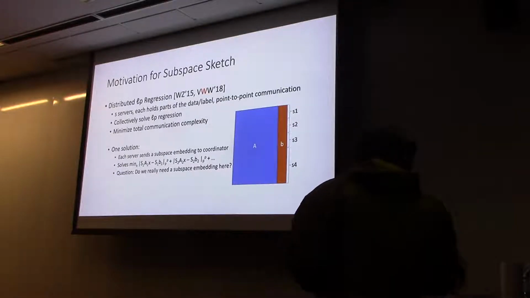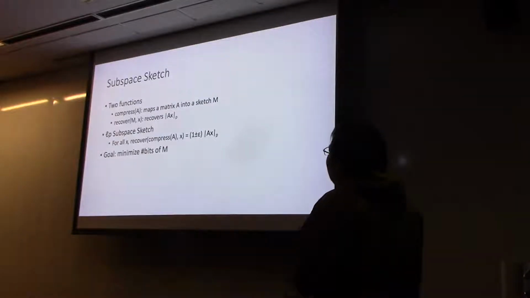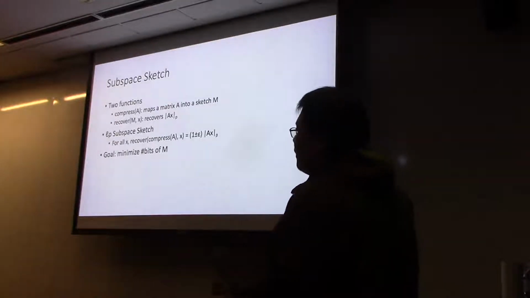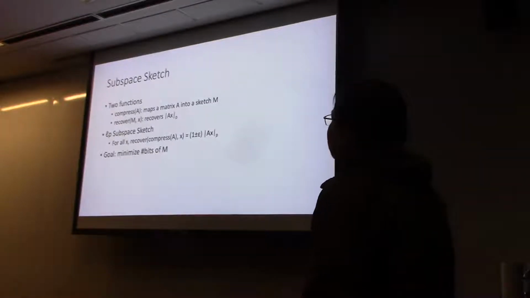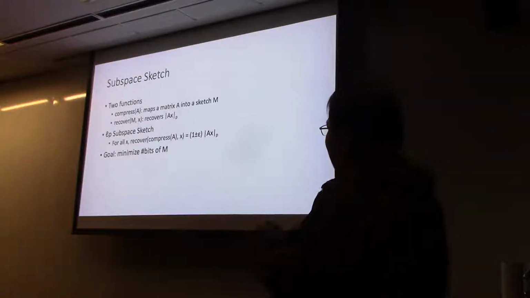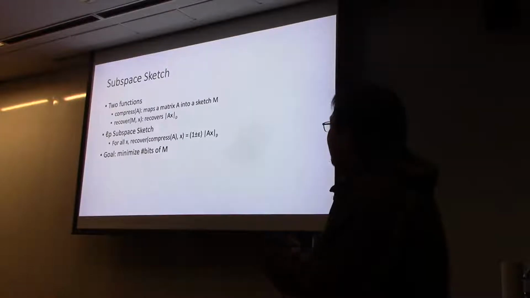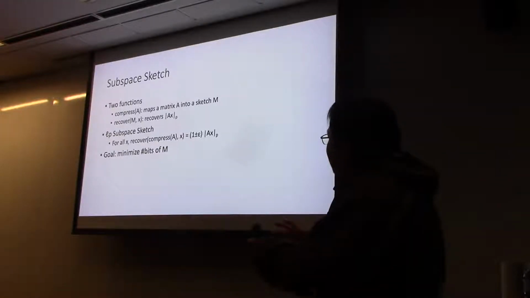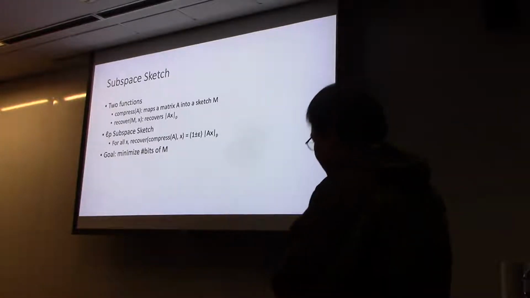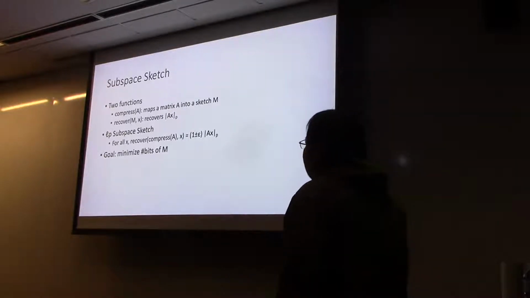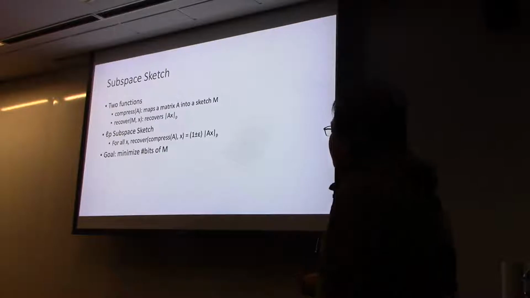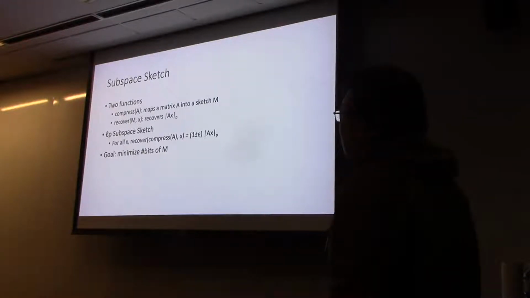Okay, so these two examples lead to our new definition called subspace sketch, where we assume there are two functions. The first function is a compress function, which receives the matrix A and somehow compresses it into a sketch M. You can think of M as just some kind of binary string. And another function called recover, which receives this sketch and can recover the LP norm of AX.